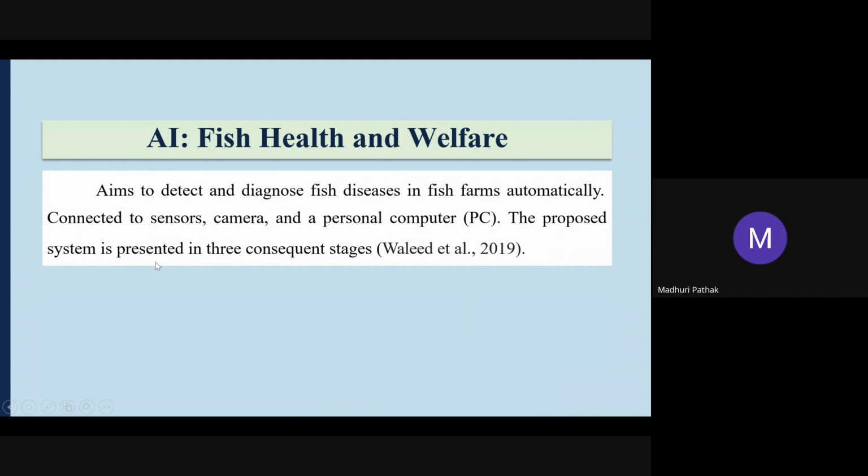The proposed system is presented in three consequent stages. Okay, so there are different sensors, cameras, and PC from where detection, diagnosis, and treatment will be done automatically in case of fish health.